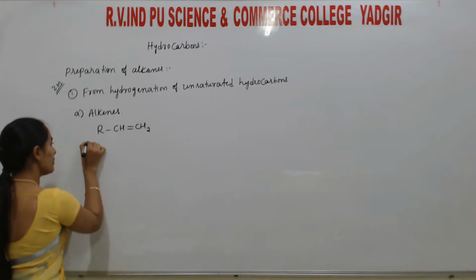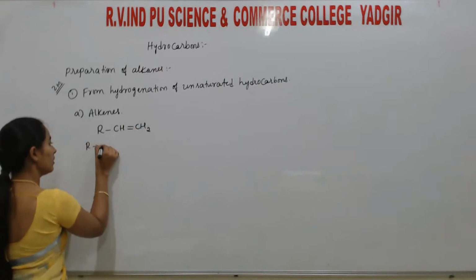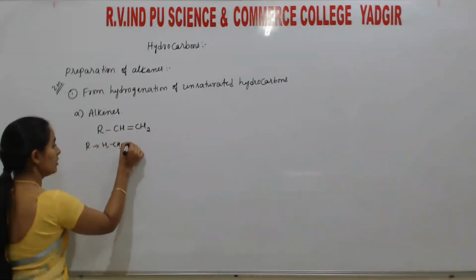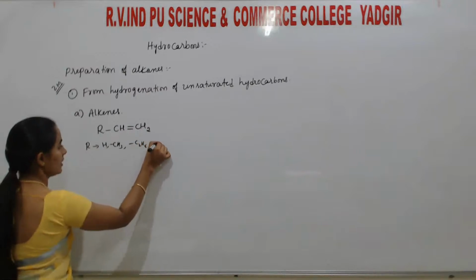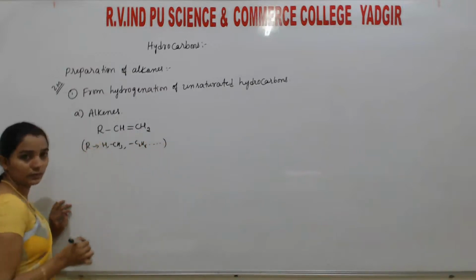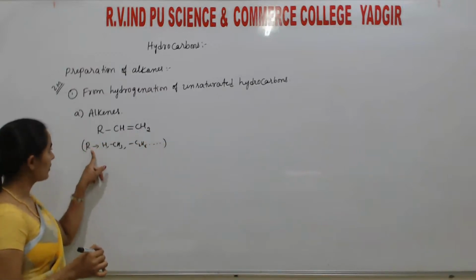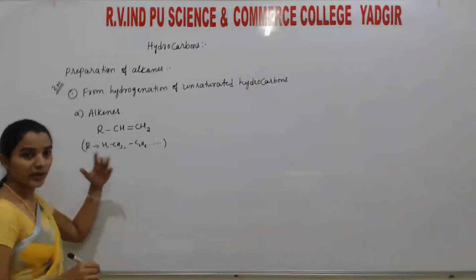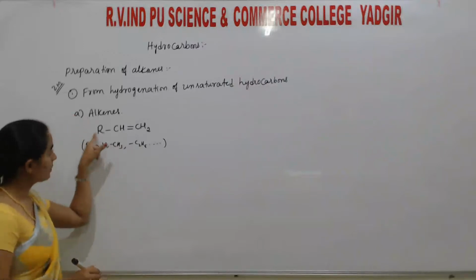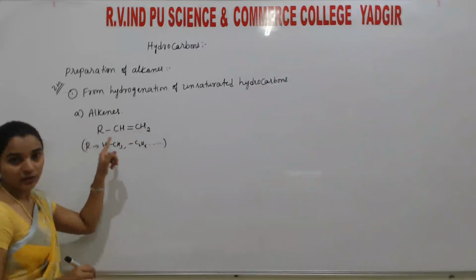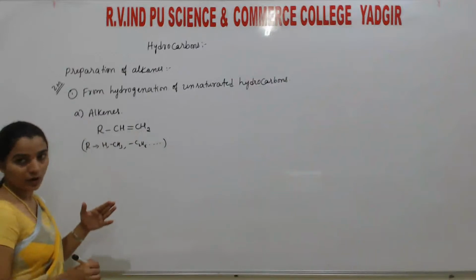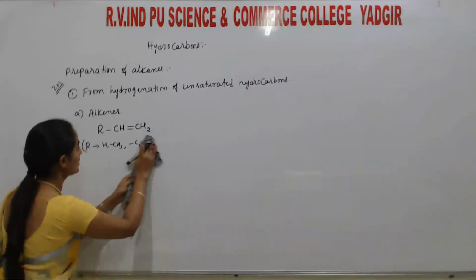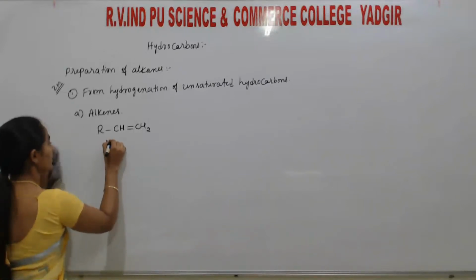This R may be hydrogen, CH3, C2H5, etc. R means it is the general reaction. Later I will explain how to substitute R. And this is alkene.